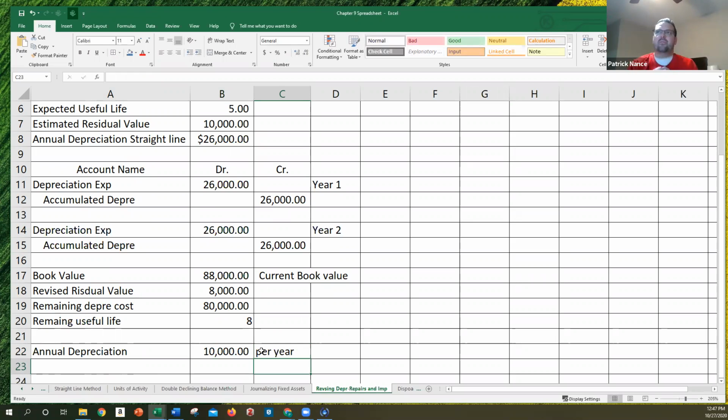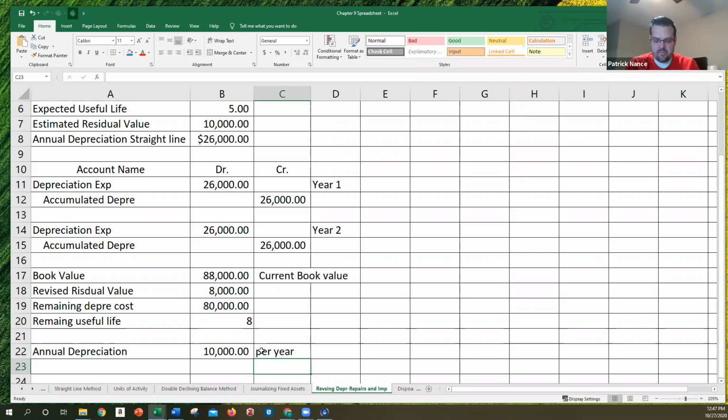So from this point, realize this is a big change. I was depreciating this asset $26,000 for the first 2 years. Now, for the next 8 years, I'm going to be depreciating it only $10,000. But I do not go backwards. A revised estimate doesn't necessitate going backwards and fixing other things. All it does is make us change going forward.